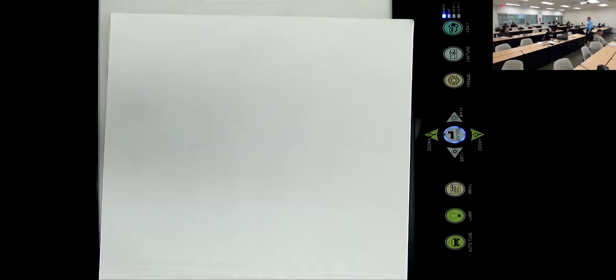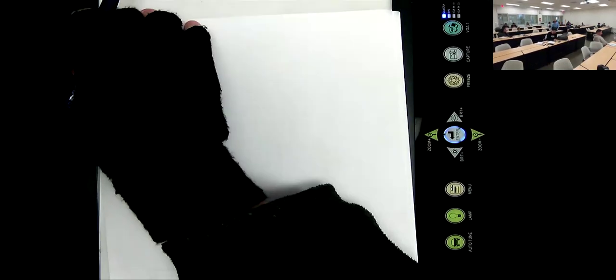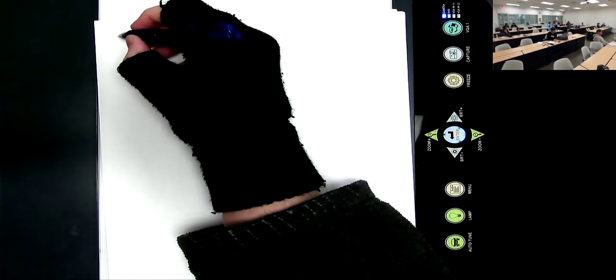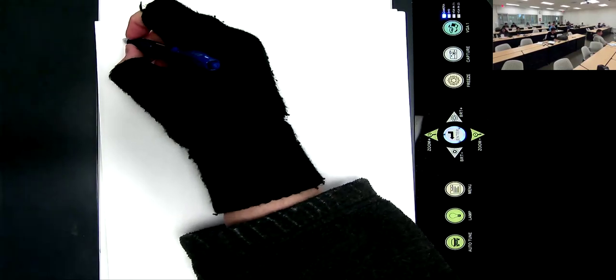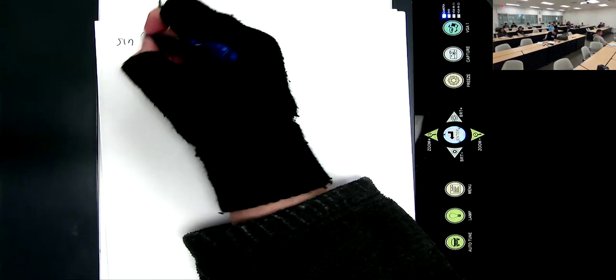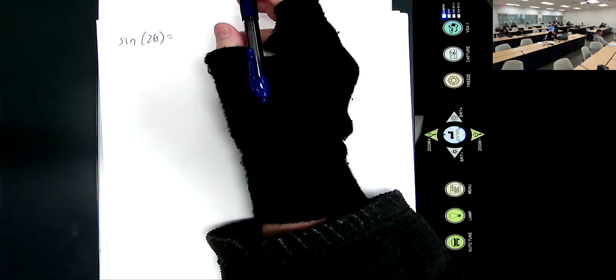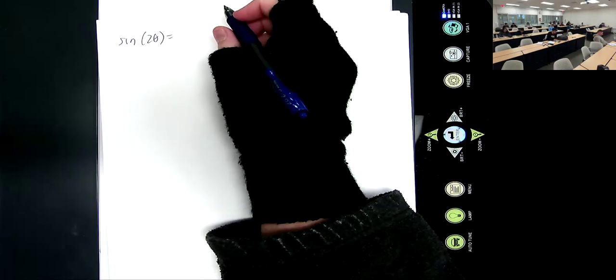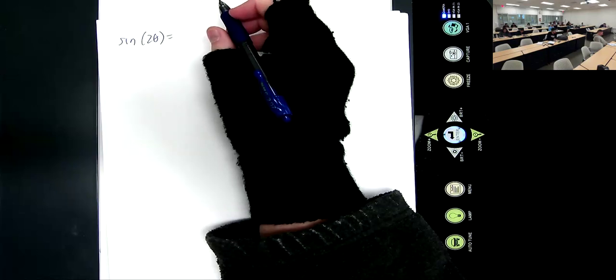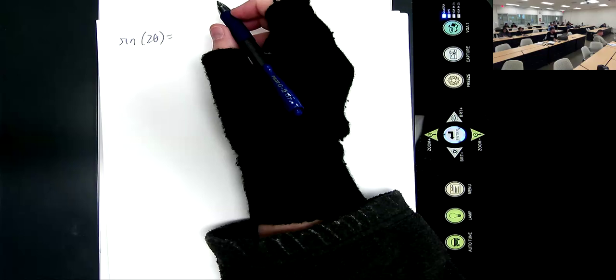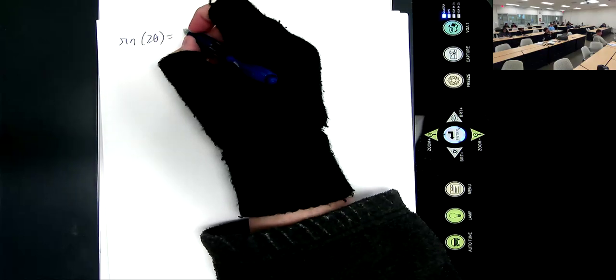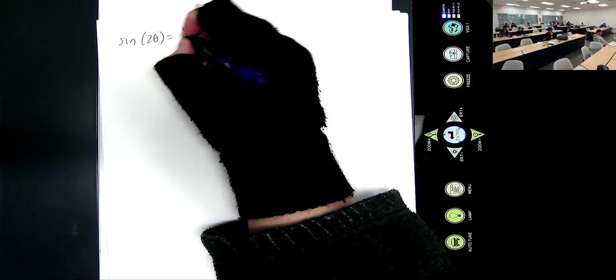Alright, next problem. It should be going through the topics in the same order though. We're gonna say sine of two theta equals... what do we want to use? Four-fifths.